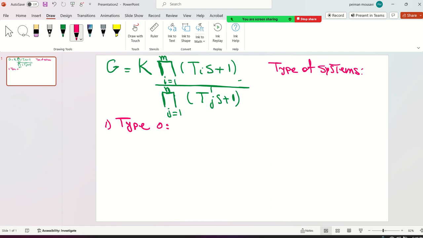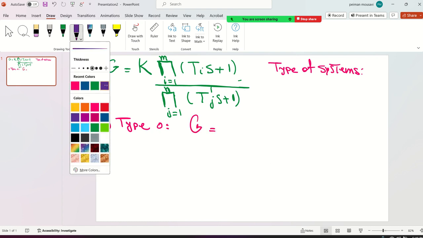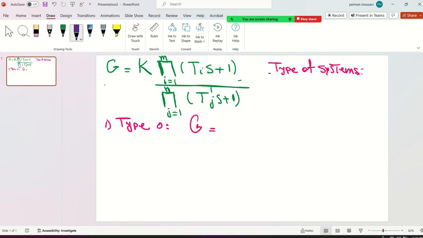Type 0 system means that the open loop transfer function has no integrator term.